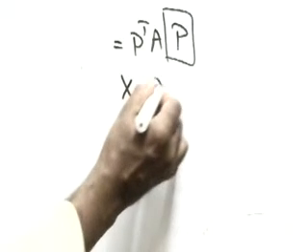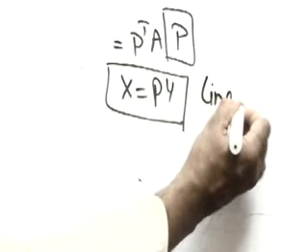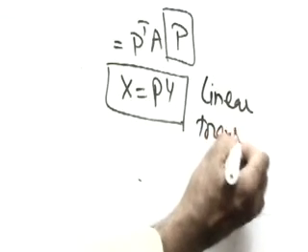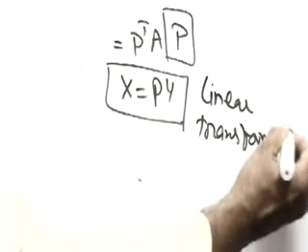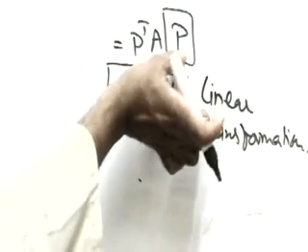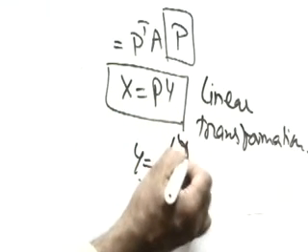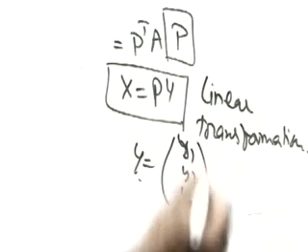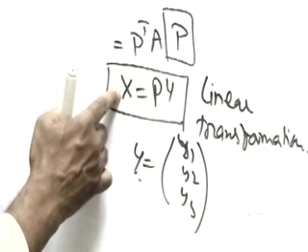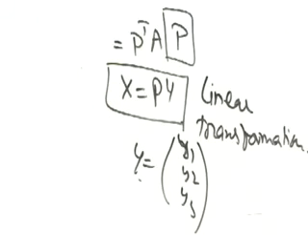The linear transformation is denoted by x equals P into y. Y we will take as y1, y2, y3. X is the variables of the given question, generally x, y, z, or x1, x2, x3. Let me see this with an example.